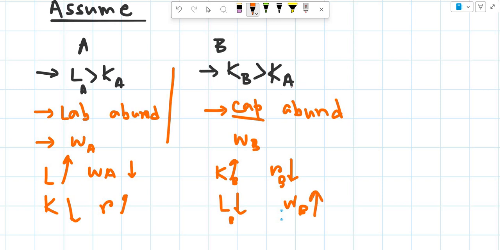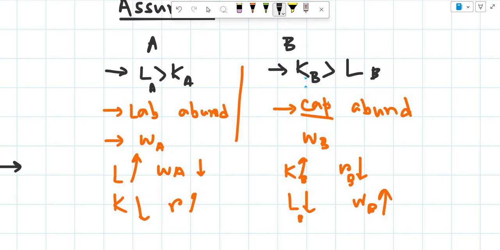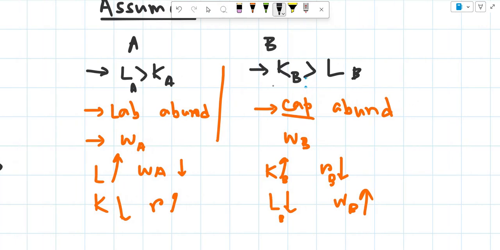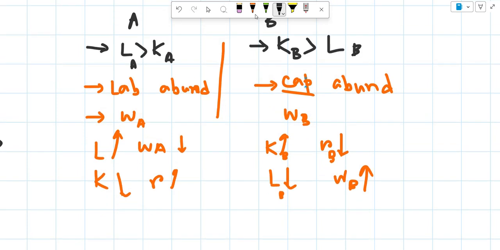Sorry, this is not K, this is LB. I made a lot of mistakes. If any of you viewers notice this mistake, good job. Write down in the comment section below if you detected it before I found out this mistake. Good job. You're concentrating.